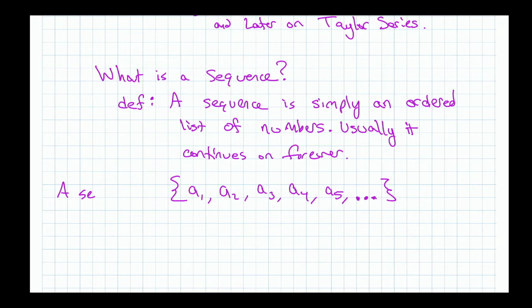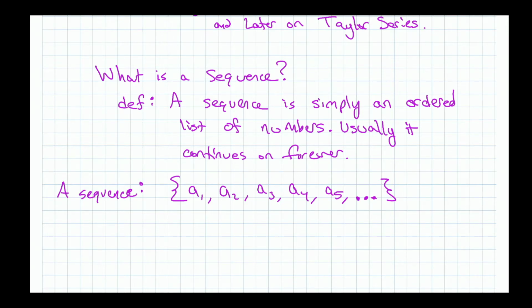Now, all of the A's, A1, A2, A3, A4, A5, all of those are just numbers. Okay? Now, you'll notice that I used curly braces. Not every book uses that notation, but it's pretty standard. When you have set notation, you use curly braces. And technically a sequence has an order. If A1 comes before A2, you have to write it before A2.